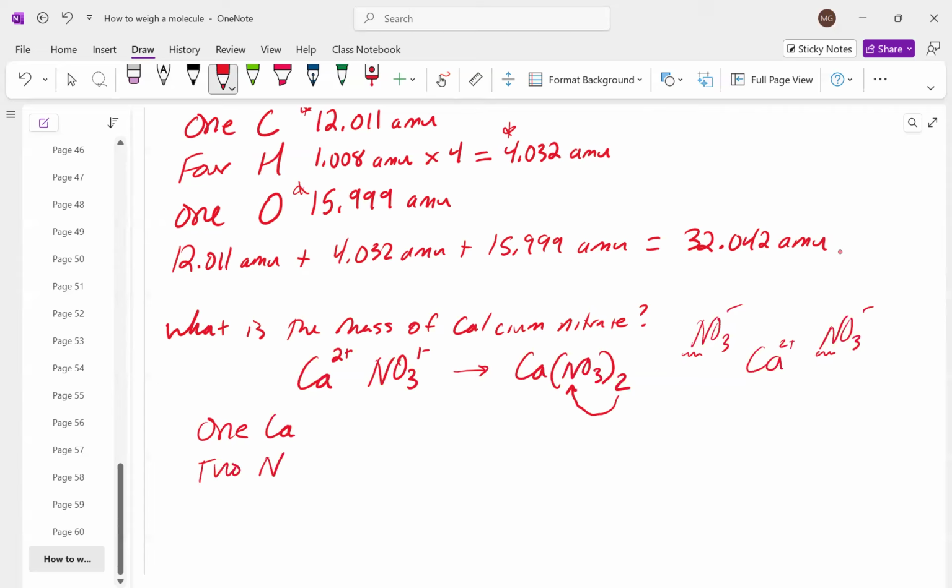How many oxygens do I have total? Well, if I take this subscript and put it into these oxygens, 1 nitrate supplies 3. So 2 nitrates will supply a total of 6 oxygens. You can get this really quickly by just doing 3 times 2. But you can also look on the other side here. This nitrate has 3. This nitrate has 3. So that's a total of 6 oxygens.